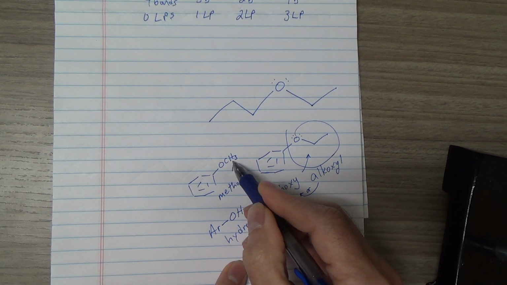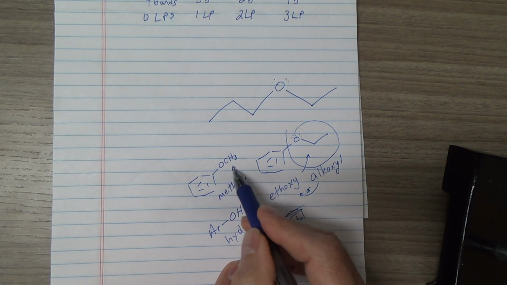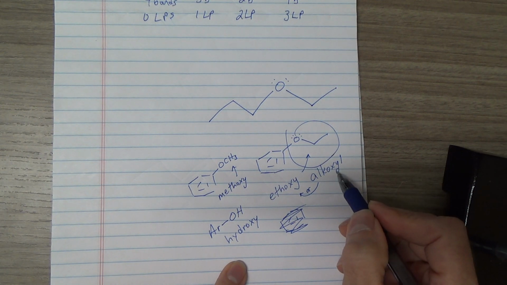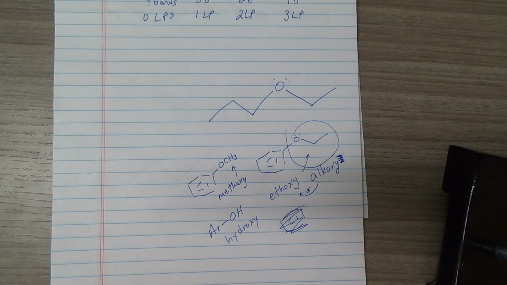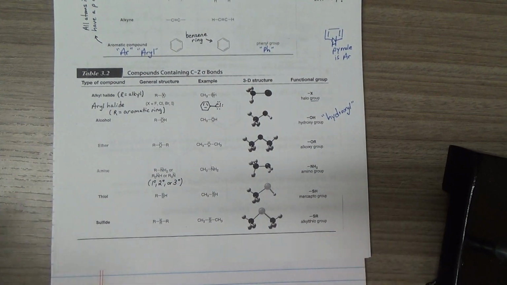But here there's a methyl on the oxygen, so it's called a methoxy. And generically, since a methyl is an alkyl, a more generic term is an alkoxy. I think a lot of times I don't use the L here. You know, it's tomato, tomato. Okay, so that's sort of explaining the group here.